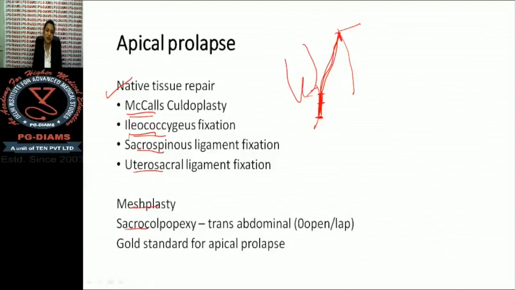This is sacrocolpopexy and this procedure is done transabdominally. It can be done open or laparoscopically, right? This mesh plasty which is done abdominally for apical prolapses is the gold standard procedure for apical prolapse these days.